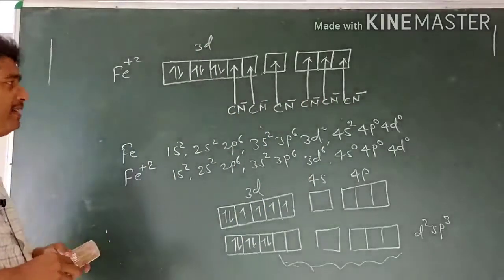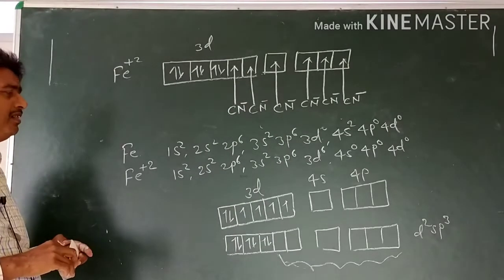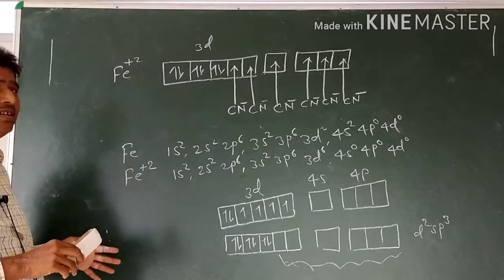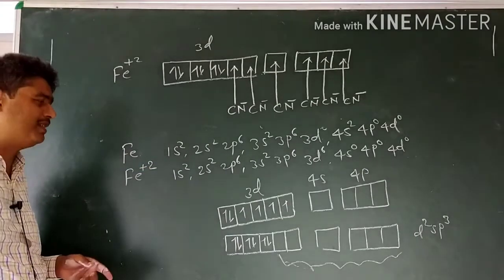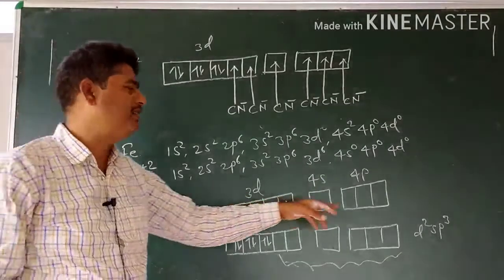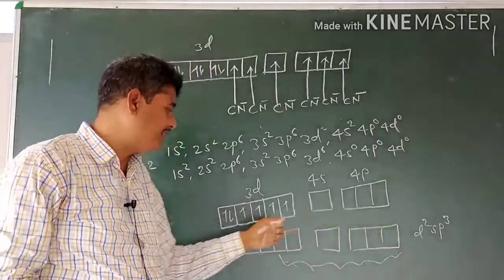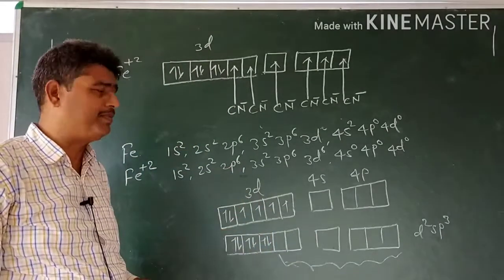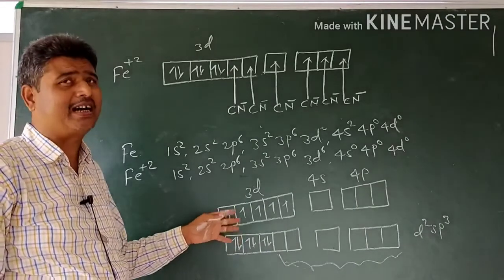It is clear that here the inner d orbitals, that is, the 3d orbitals, participate in the bond formation. On the basis of this, the name of the hybridization is d2sp3. Due to the presence of inner d orbitals, that is, 3d orbitals, the compound will be regarded as an inner orbital complex.